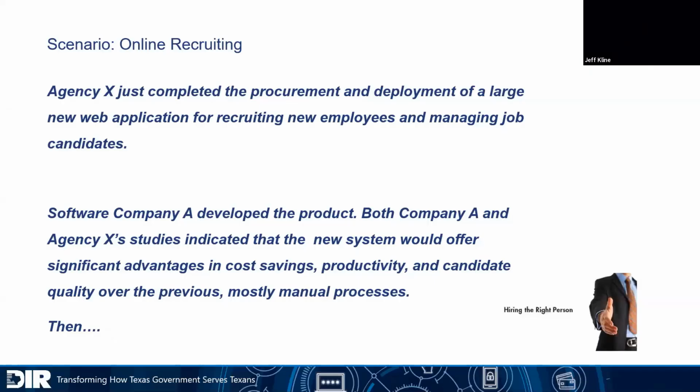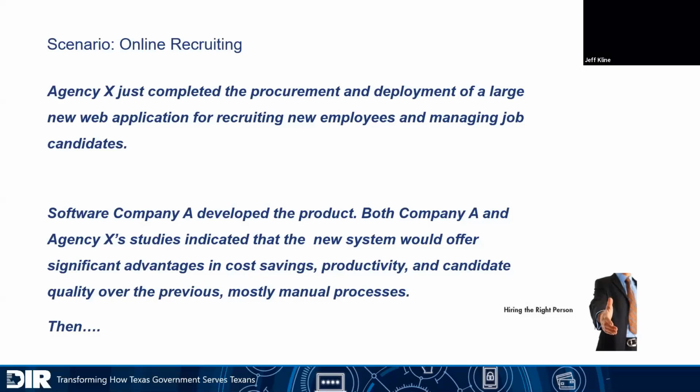I'd like to start out this session with a little storytelling on an area of online recruiting. There's a fictitious agency called Agency X, and they just completed the procurement and the deployment of a new web application that was designed to streamline their recruiting of new employees, managing job candidates, etc. A company called Software Company A developed this custom product for them.